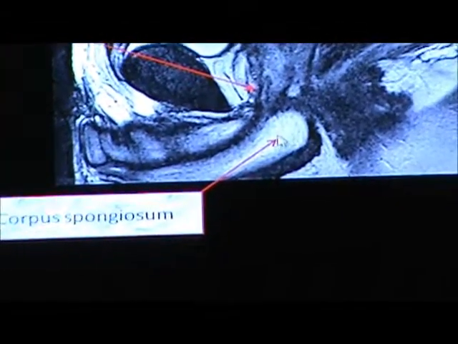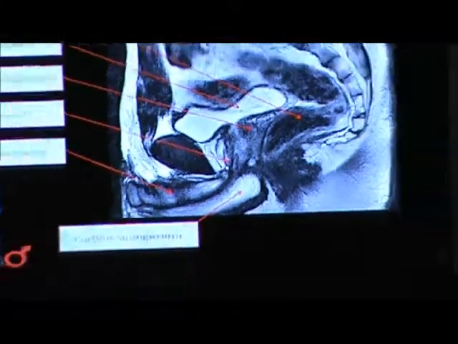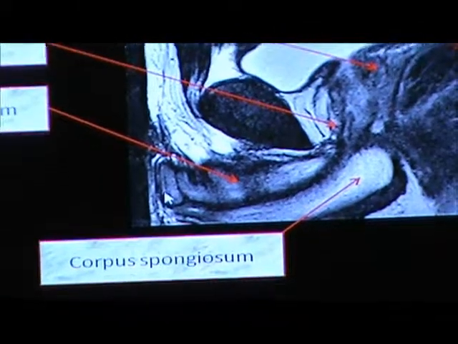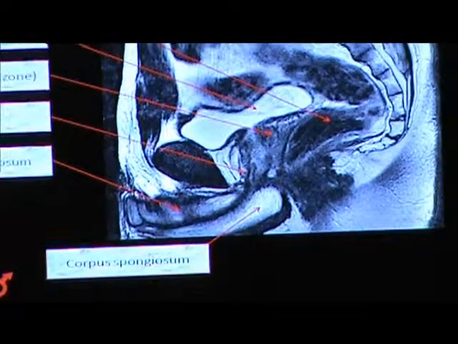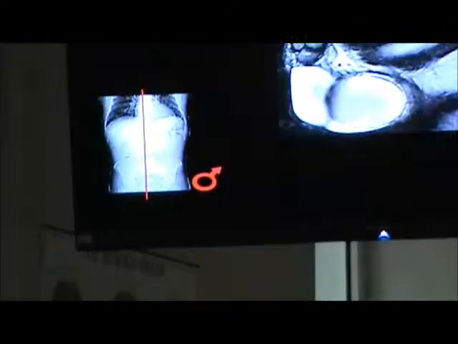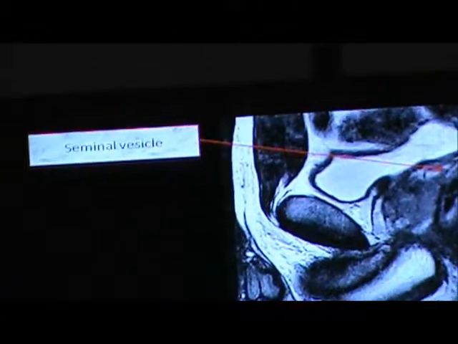approaching the components of the penis. So we have a corpus spongiosum and corpus cavernosum. This would be the right one, because the left one is here. Turns a little to the right side. And if we go a little to the right side, we can see structures such as the seminal vesicle.